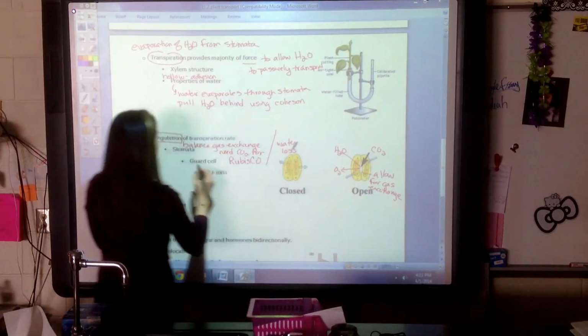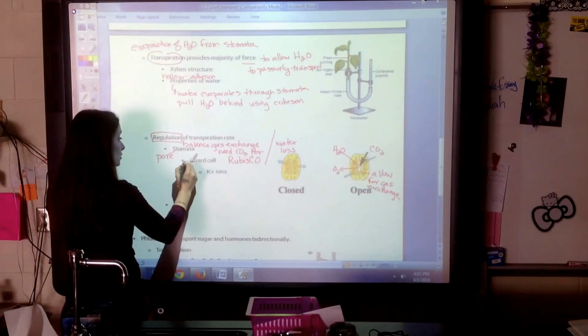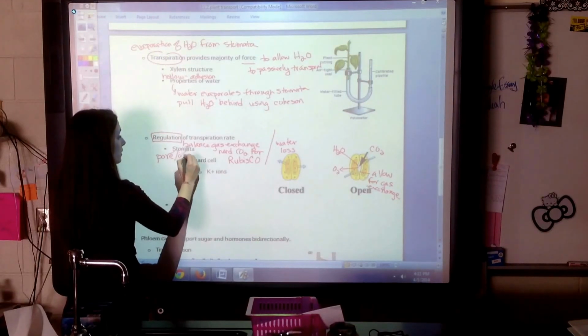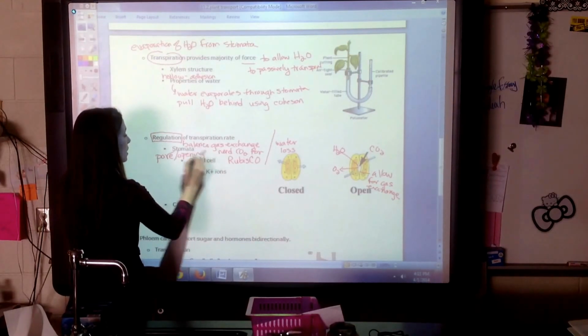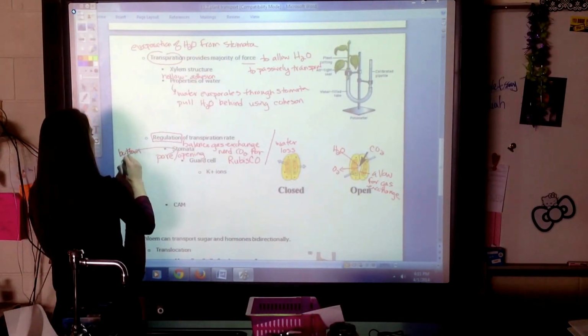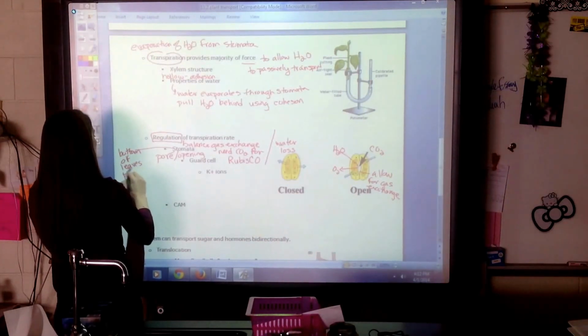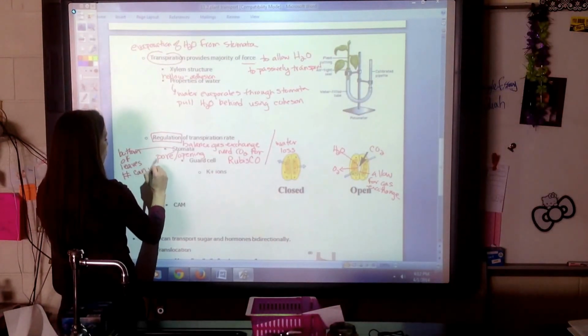And so you have the stomata. The stomata is the pore. And the guard cells, this is just the opening. The stomata is just the opening. Now stomata are found on the bottom of most leaves, not the top because there's more heat there. And the number of stomata can actually vary.